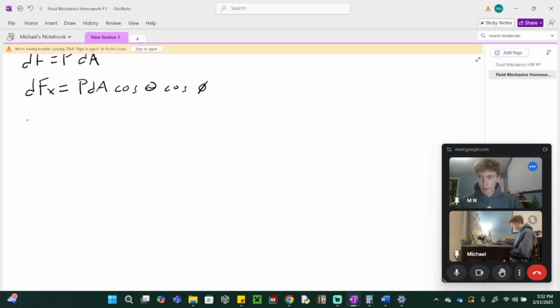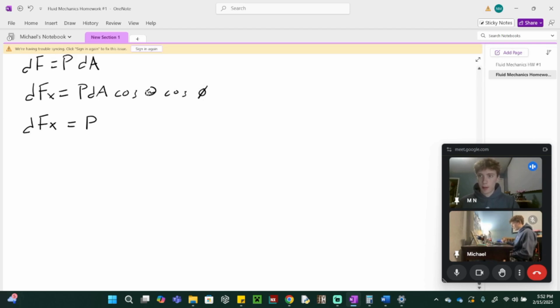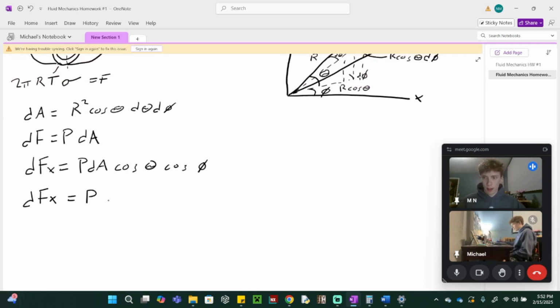So dFx is equal to pressure times our dA, which was r squared cosine theta, times another cosine theta, which would make this cosine squared theta, cosine phi, d theta, d phi.